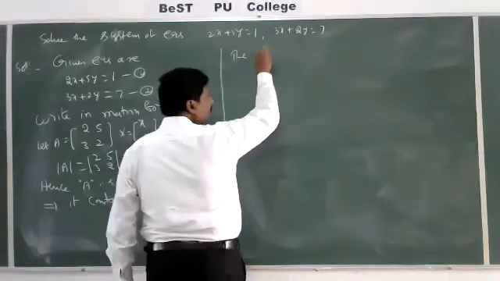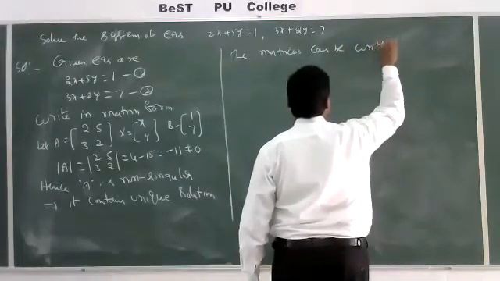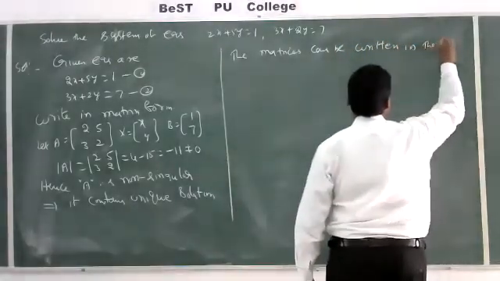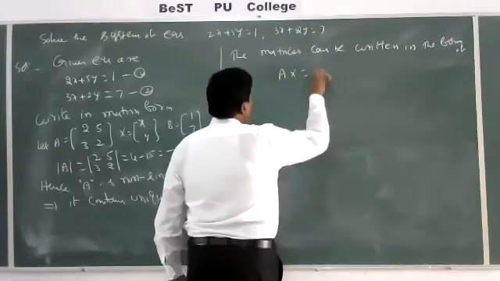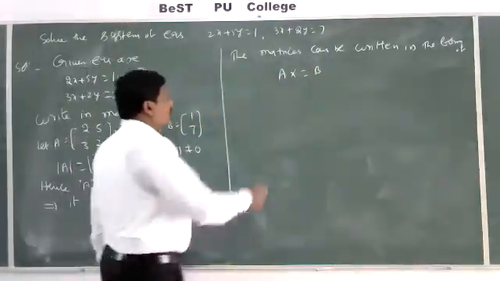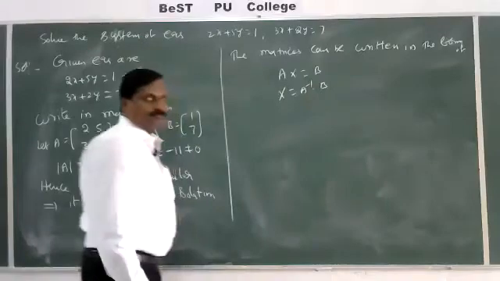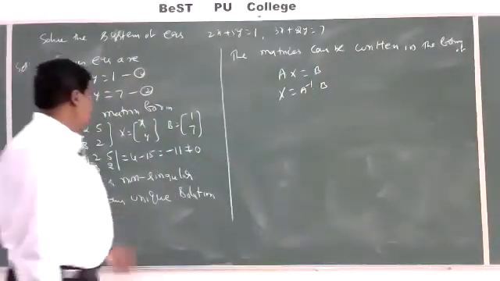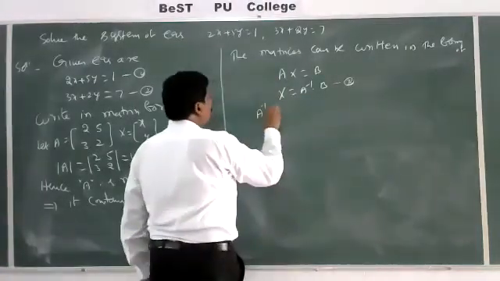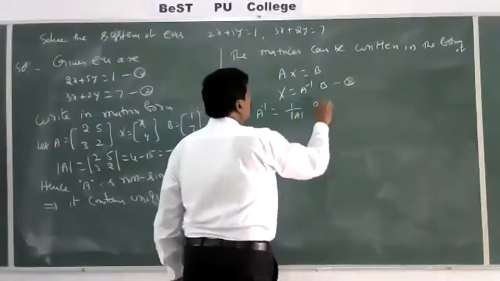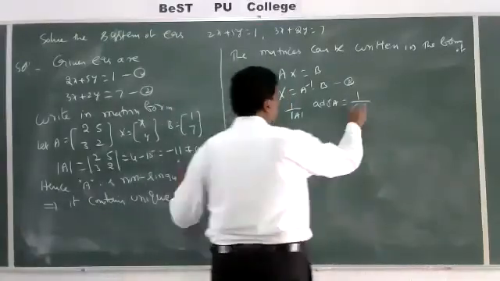The matrices can be written in the form AX equal to B. From that, X equal to A inverse into B. Now A inverse equal to 1 by det A into adjoint A. Here 1 by det A is 1 by minus 11.